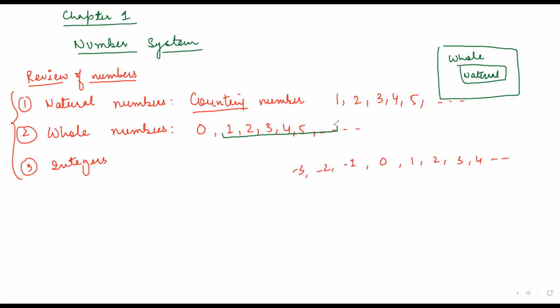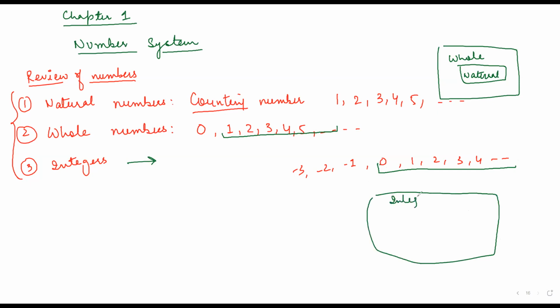Now if I look at integers, this much part is what? These are my whole numbers, right? So if this is my box of integers, my box of integers is also going to contain whole numbers. Fine, Lakshita?